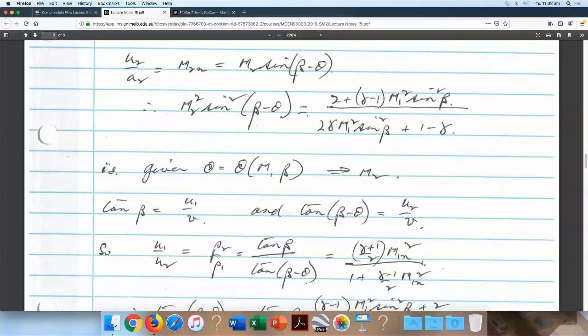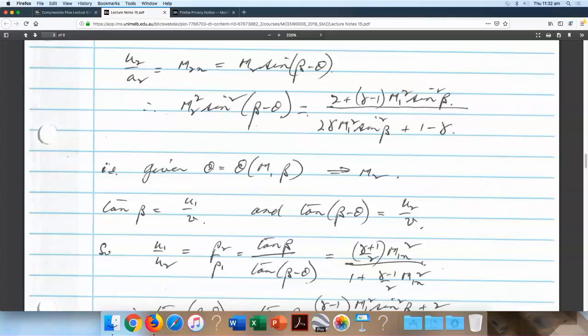It's gamma plus 1 over 2 M1n squared plus 1, divided by 1 plus gamma minus 1 over 2 M1n squared. And so I can replace this. That's just coming from the normal shock relation, and this ratio comes from the geometry. Right?